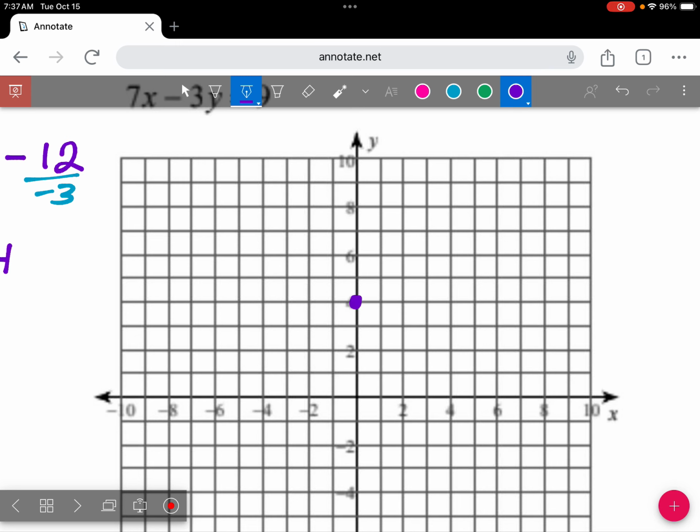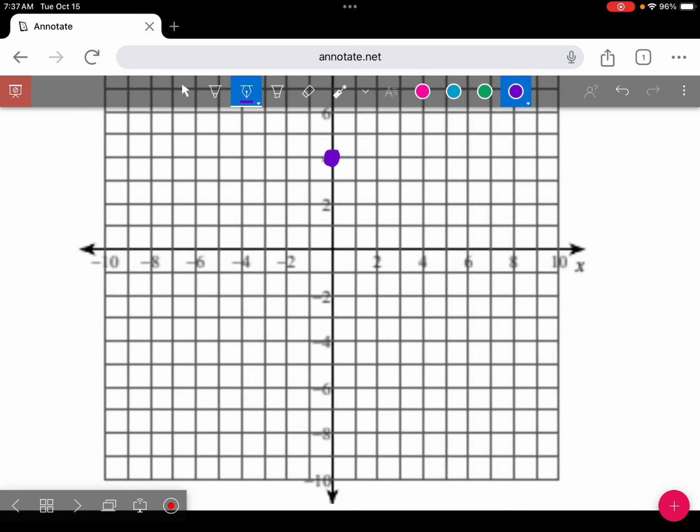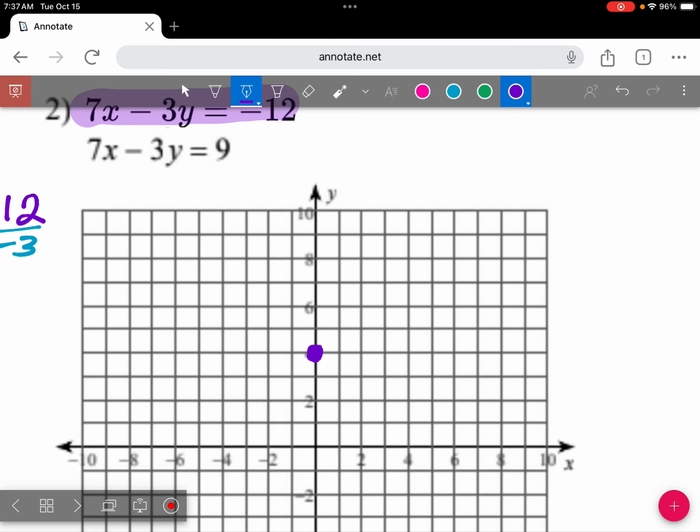Positive 4 on my y-axis, this guy here. How am I going to find my next point? Down 7, left 3. We could also go up 7 and to the right, but that puts us just barely off my screen.